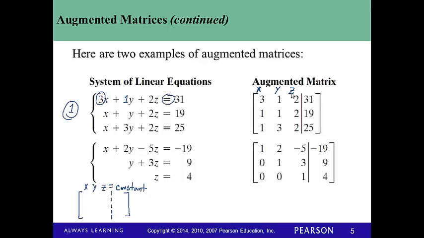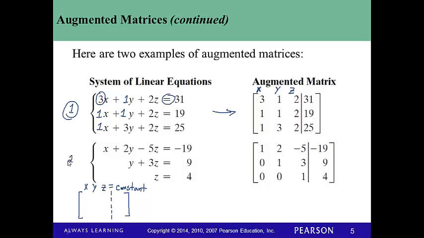Here's our equal sign. So there's that vertical bar. Equals 31, and there's the constant 31. And then you see it continues 1, 1, 2. Vertical bar, 19. 1, 3, 2. Vertical bar, 25. So you can rewrite this system using the augmented matrix with the following elements in it.